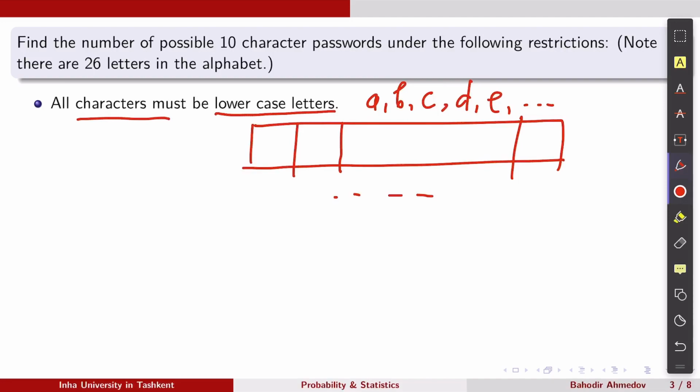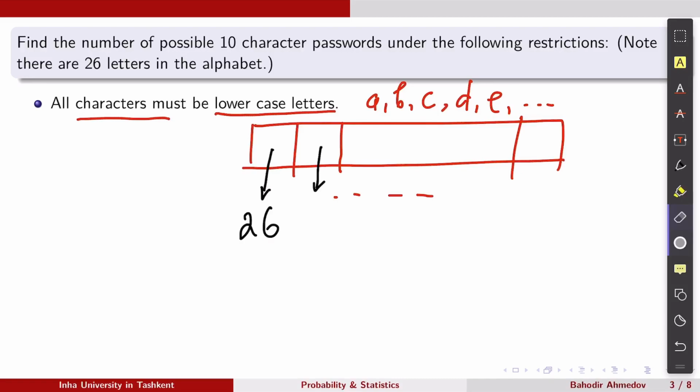So what we need to do is find out how many different passwords it is possible to create. In order to do this, we are just going to count the number of the characters which are possible to put in the first place. There are 26 letters, and we can use any of them in the first place. Once we use one of them, for example A, is it possible to use this again in the second place?